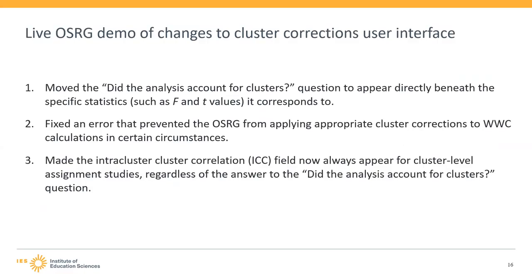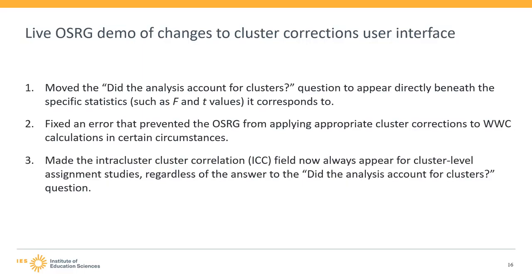Second, an error was fixed that had prevented the OSRG from applying appropriate cluster corrections to WWC calculations in certain circumstances. Third, the intra-cluster correlation field will now always appear for cluster-level assignment studies, regardless of the answer to the "Did the analysis account for clusters?" question.